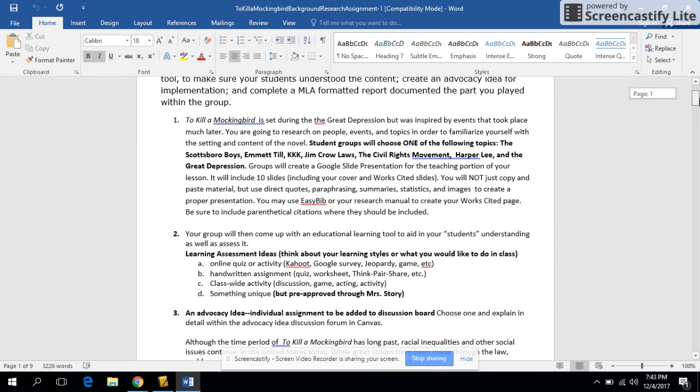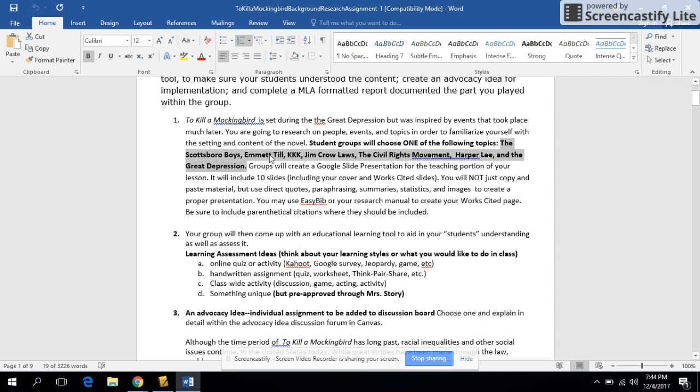Here are the topics that you are going to decide on. You can choose the Scottsboro Boys, Emmett Till, KKK, Jim Crow laws, the Civil Rights Movement, Harper Lee, and the Great Depression. You're going to choose one of those, the one you're most interested in learning about.